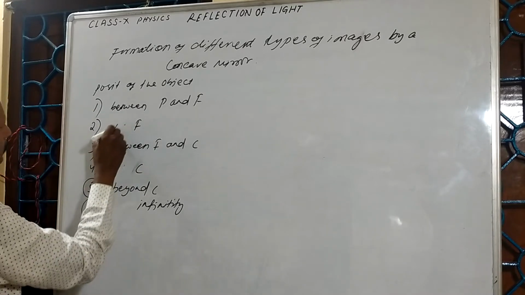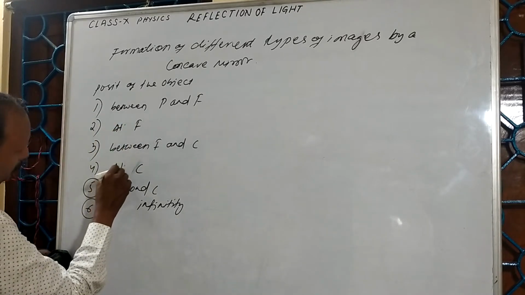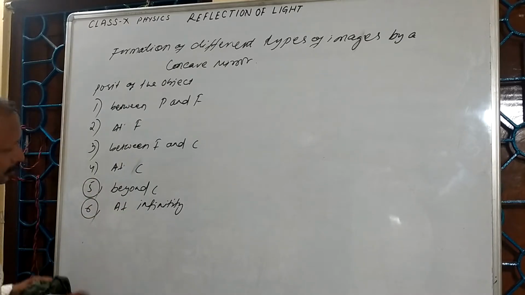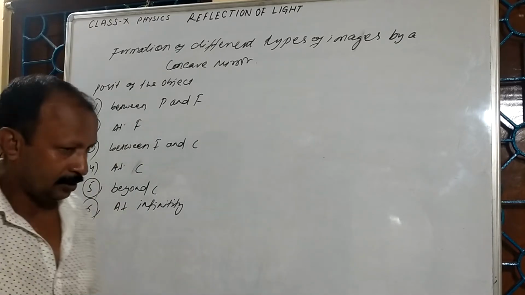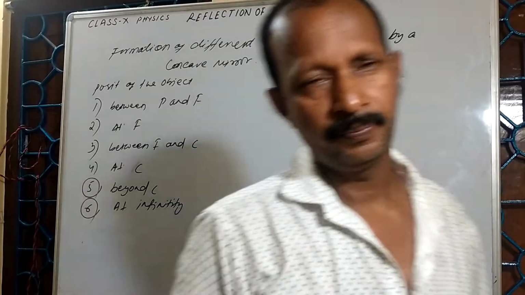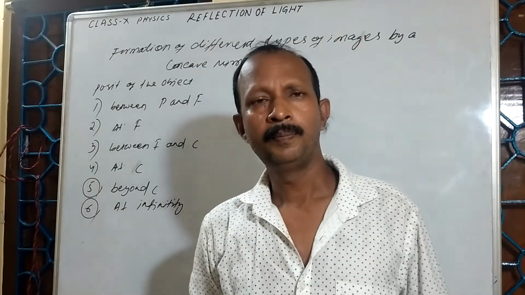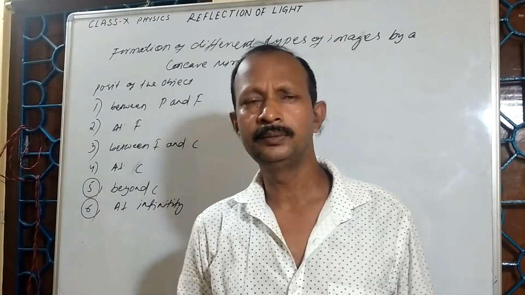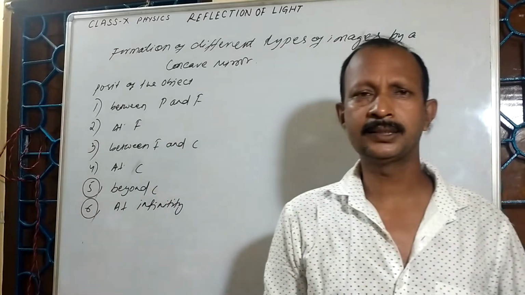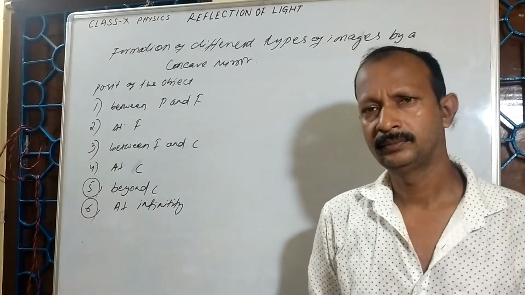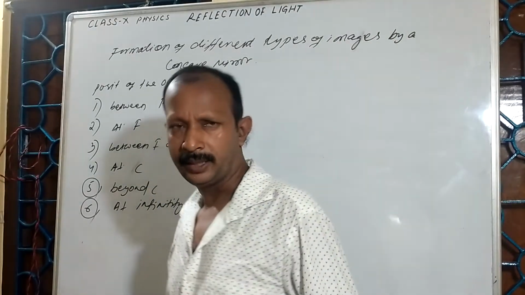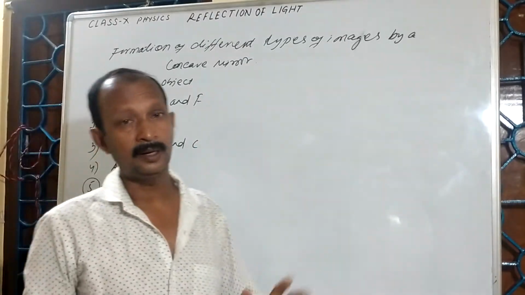Okay? So these are the 6 possible positions of the object I have taken. So, let us start the formation of image.